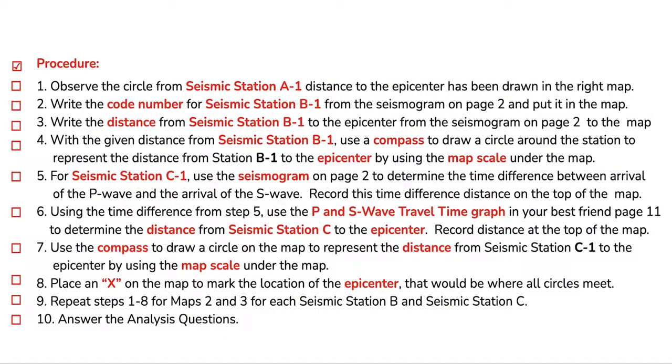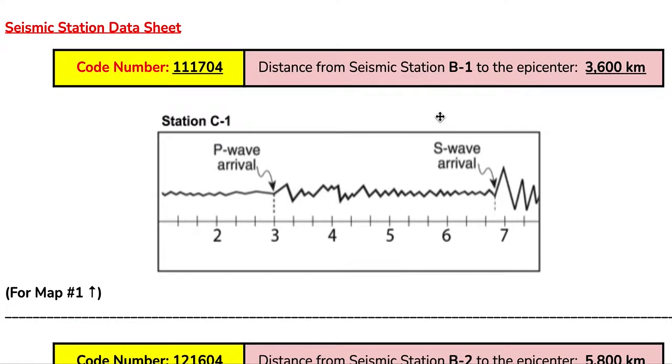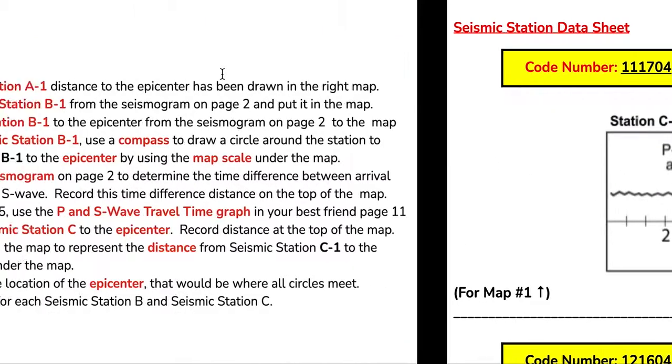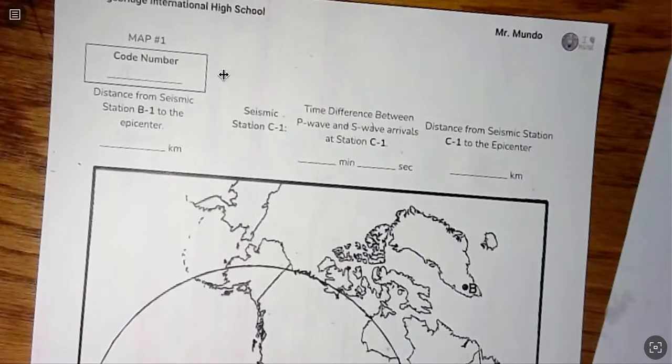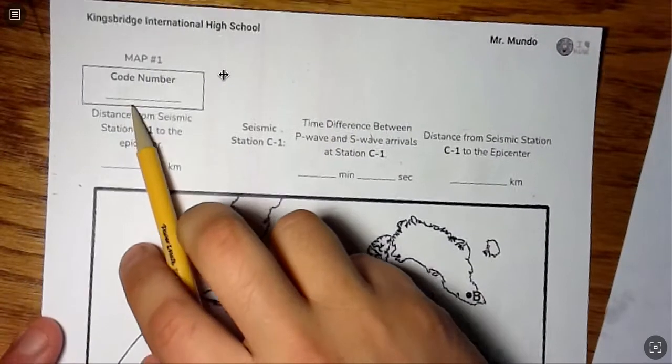Now, step number two says to write the code number for seismic station B1 from the seismogram on page 2 and put it in the map. When you look at the seismic station B1 from the seismogram, remember this is your seismogram, notice that it says the code number is 111704. So that's what we need to do, and we need to record that on the top of our maps. Notice that right here it says the code number.